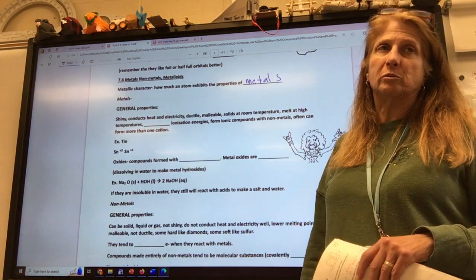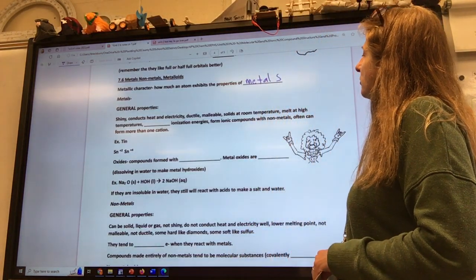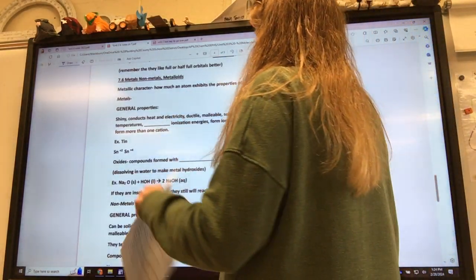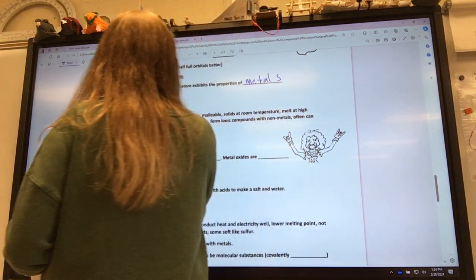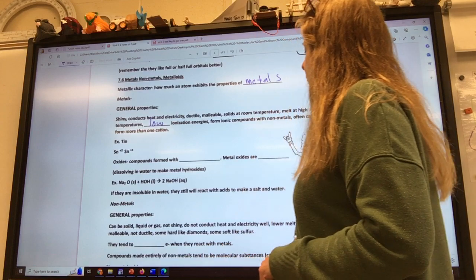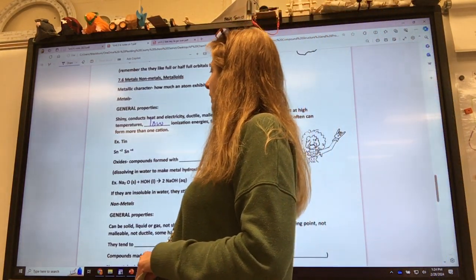They're malleable, which means you can make them into foil, into sheets. They're solids at room temperature, mostly melt at high temperatures, just not hydrogen. We're going to talk about hydrogen later. And they have low ionization energies. They form ionic compounds with nonmetals. They often can form more than one cation.